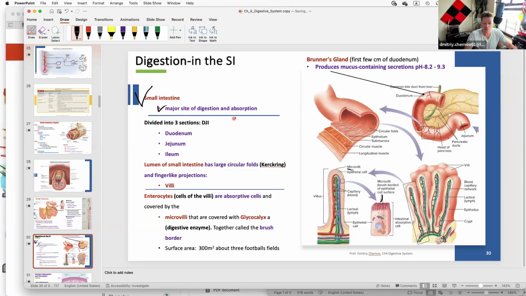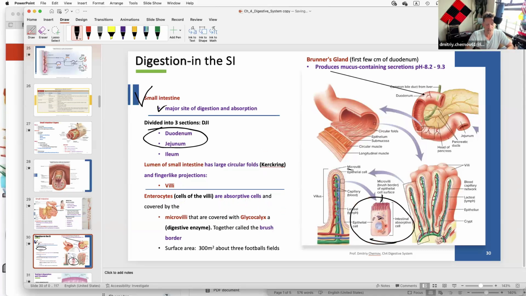Small intestine, major site for digestion and absorption. Duodenum, small intestine, divided into 3 sections. That's where mostly digestion and absorption happen. Yes, these folds are Kerckring folds. Enterocyte, entero inside, absorptive cells.